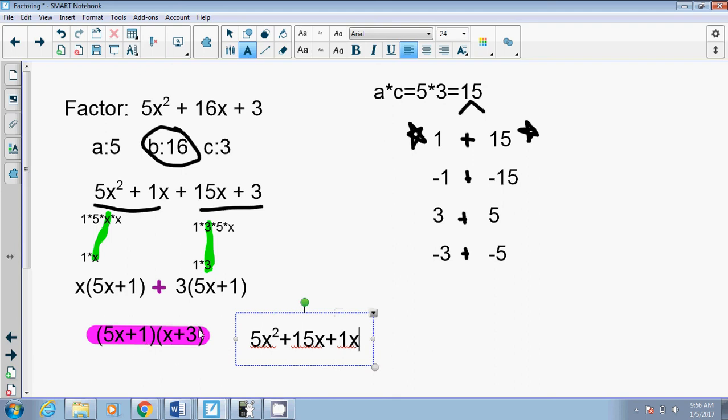And then 1 times 3, 3. And then combine your 2 middle terms here. 15x plus 1x becomes 16x. Is my answer the same as the original problem? Yes, it is. That's how I know my factoring is correct.